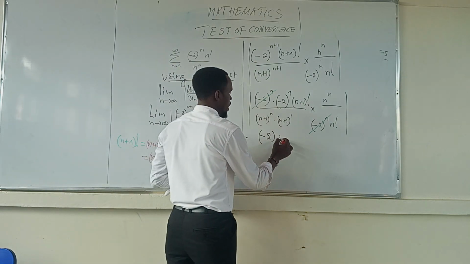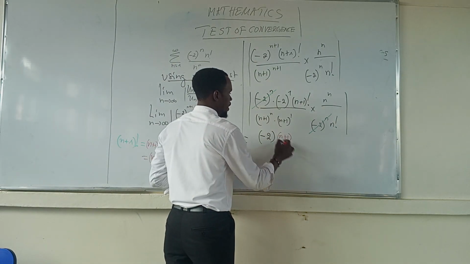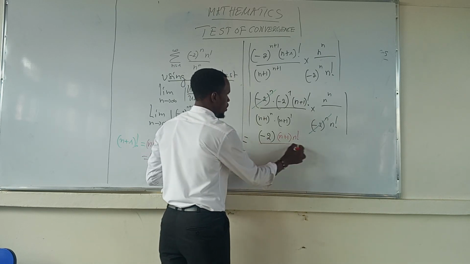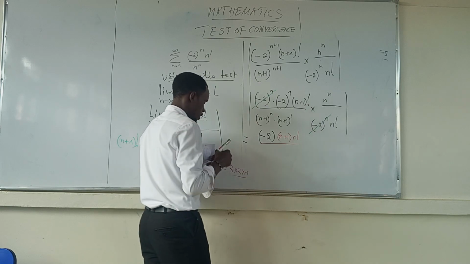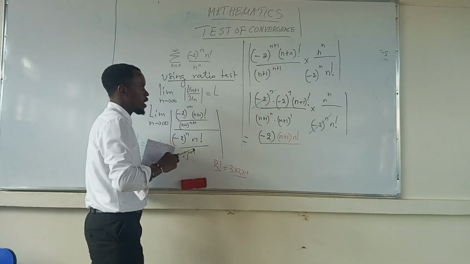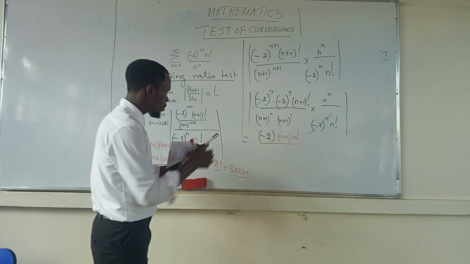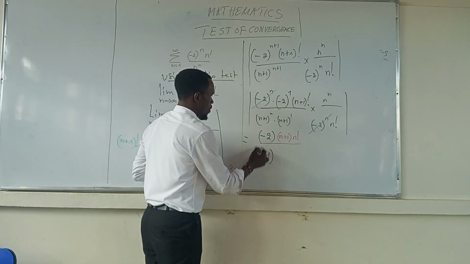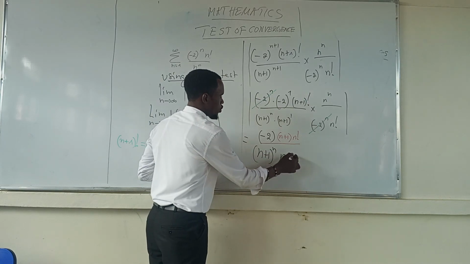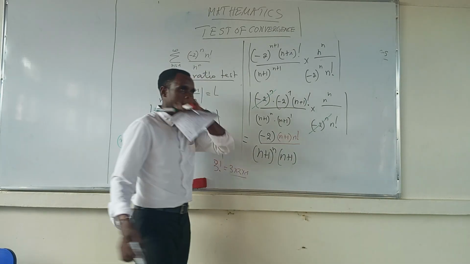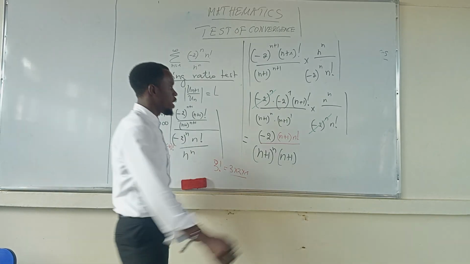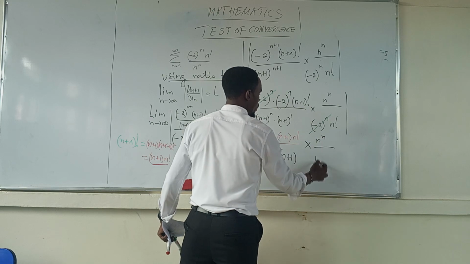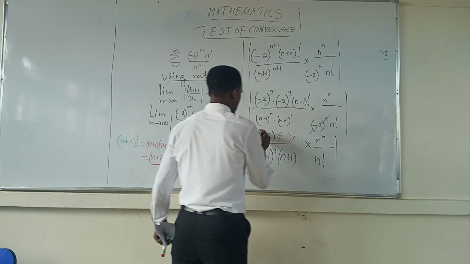I will get n plus 1 times n factorial over, I copy this one, n plus 1 power n times n plus 1 power 1, which is still n plus 1. Then I'm going to multiply by n power n over n factorial in absolute value.